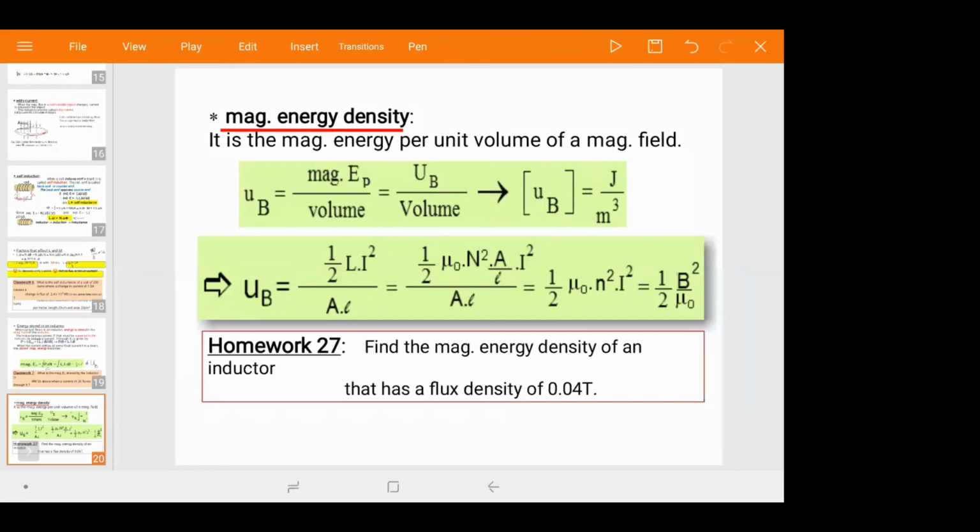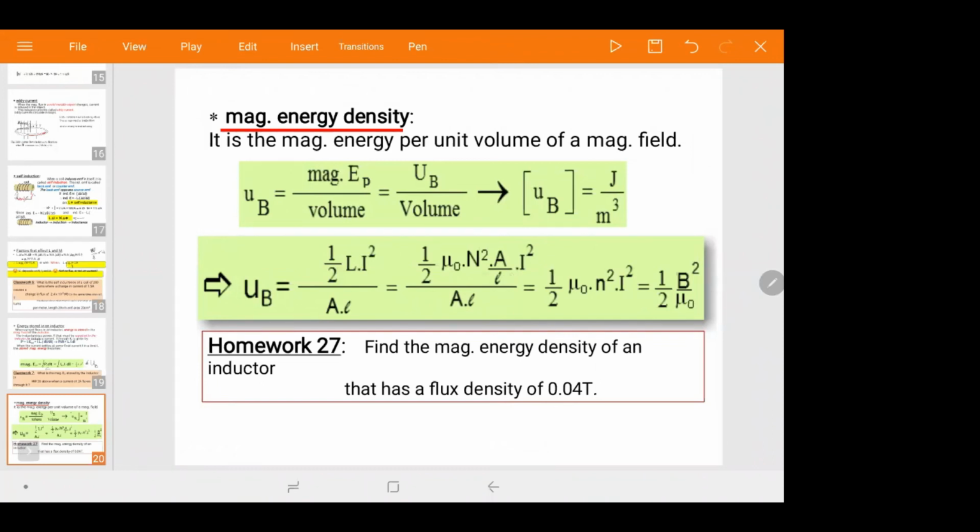Because magnetic energy is equal to, as you can see here, mu0 n squared A over L times I squared, a half L I squared. All right? And L is equal to mu0 N squared over L times A. L is moved to the right, it doesn't matter. And there is I squared here.